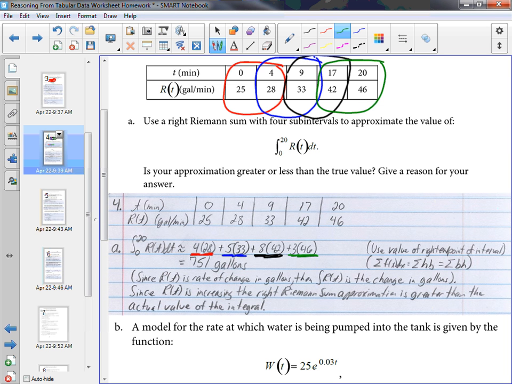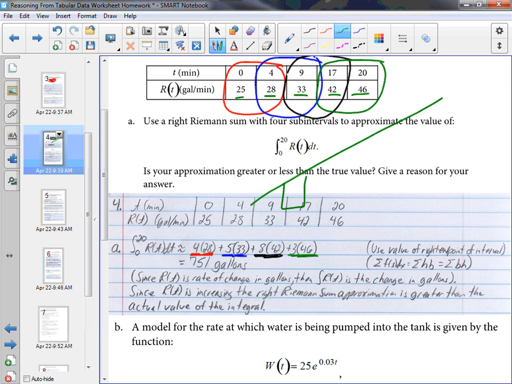Now, is your approximation greater or less than the true value? It's going to be greater because our function is increasing the whole time, isn't it? 28 is bigger than 25, 33 is bigger than 28, 42 is bigger than 33, 46. So your graph, it's not linear, but it looks like that.